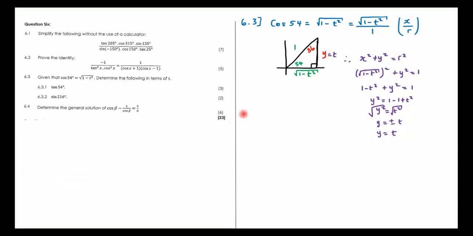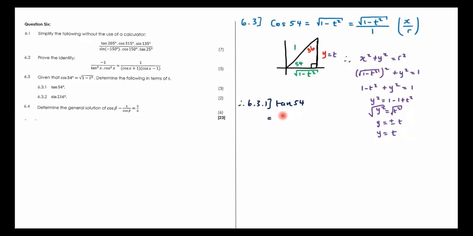So now I can go to my question. 6.3.1 wants me to calculate tan 54. Now how do you answer this question? Basically the idea is that this trig ratio must contain an angle that is either 54 or 36. If it doesn't, then you need to manipulate or change that value into one that is. Here we can see that 54 is there, so it is opposite over adjacent.